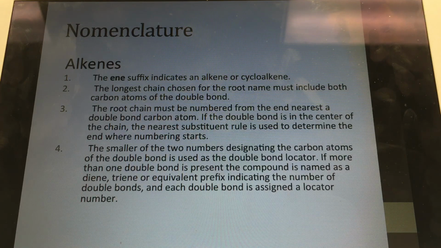Now let's talk about the nomenclature of the alkenes. Take a few seconds to read the rules.